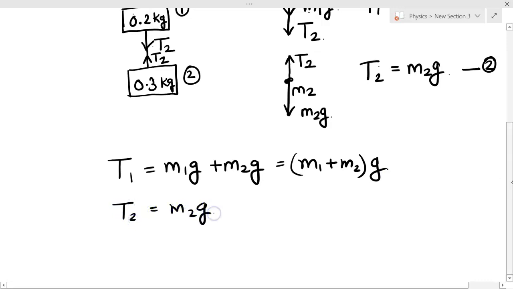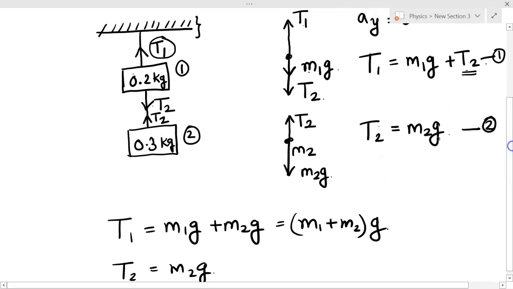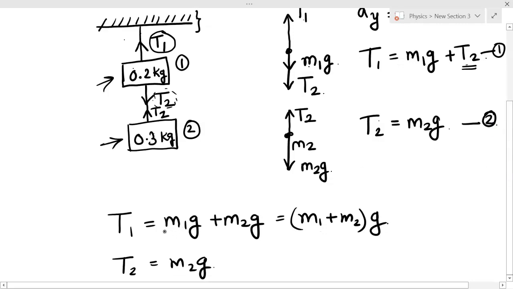Now it is evident that this tension T1 is bigger than T2, because the first string is supporting not only the 0.2 kg mass, it is also supporting the 0.3 kg mass. So the tension is the summation of these two weights, m1g and m2g, and T2 is just equal to m2g.